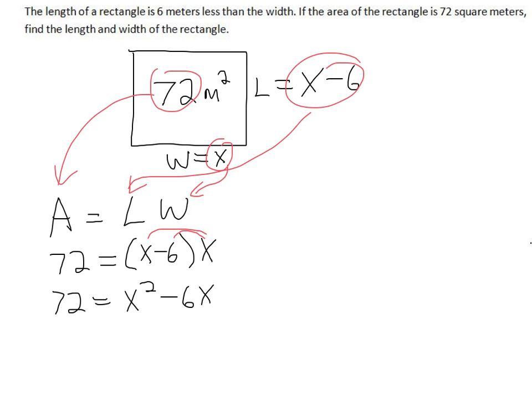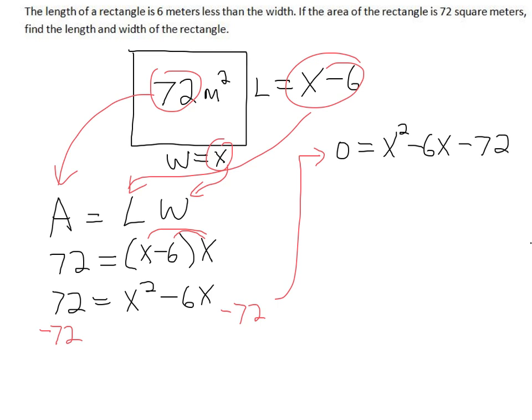Commonly what you'll want to do is get everything on one side. So I'm going to subtract the 72, and I'll move up here. We now have 0 equals x squared minus 6x minus 72.